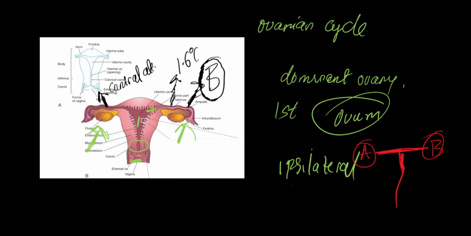Okay, fancy term for on the opposite side. So the sperm cells are also able to detect this thermal stimulus, and so there is a preferential pathway or passageway of the sperm cell to the dominant fallopian tube.